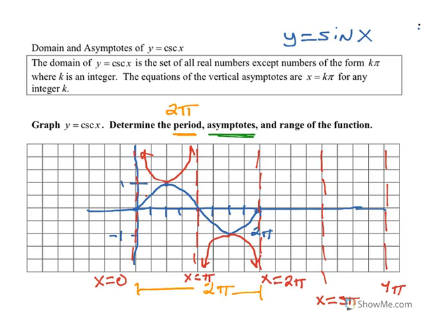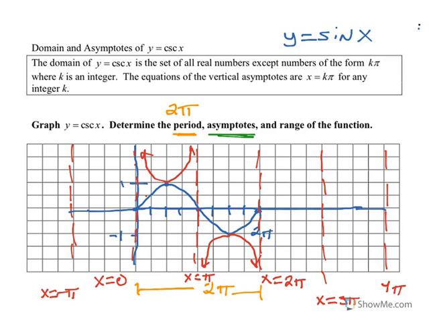You could go in the negative direction. So we'd have an asymptote at x equals negative pi. And the pattern of your reciprocal curves is going to keep going.